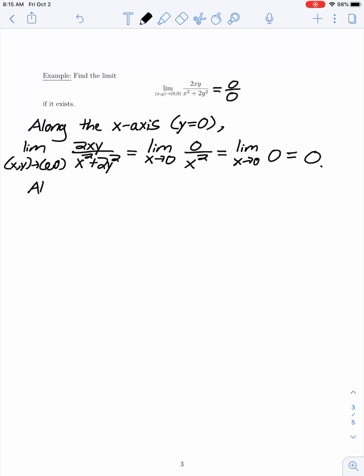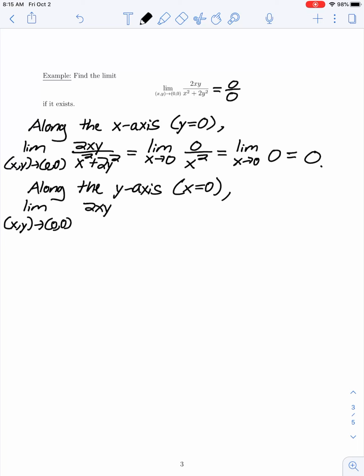So let's consider approaching the origin again along the y-axis, which is the line defined by x equals 0. So here, the limit of our function as (x, y) approaches (0, 0) would be equivalent to the limit as y approaches 0, since this reduces to a single variable function since we're considering points only on the y-axis.